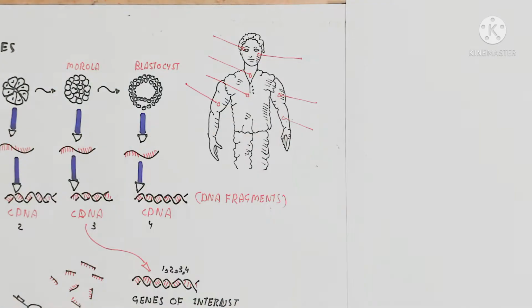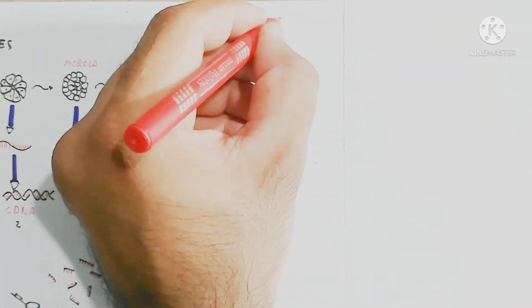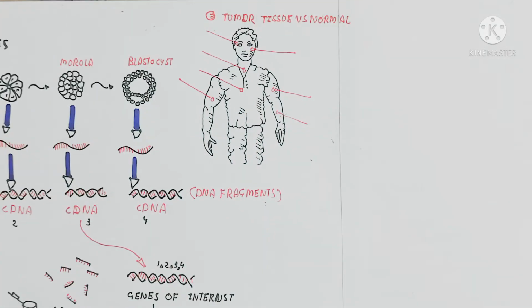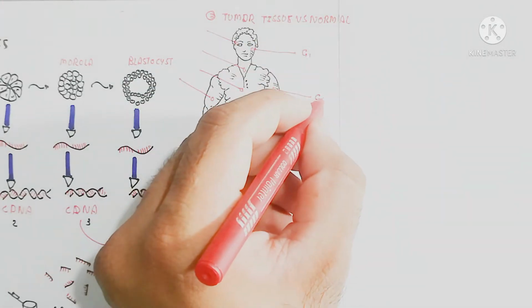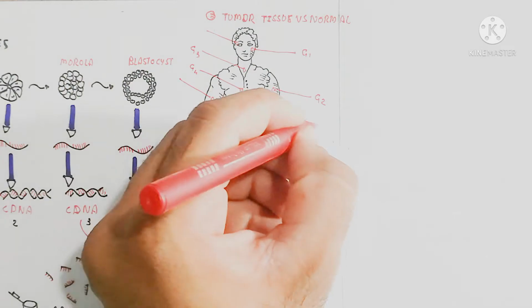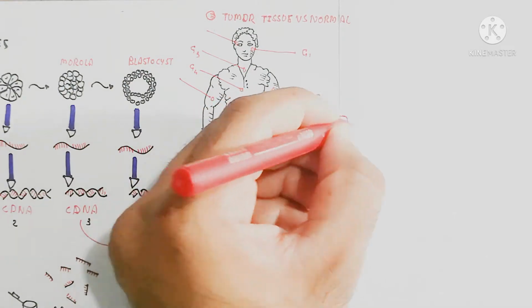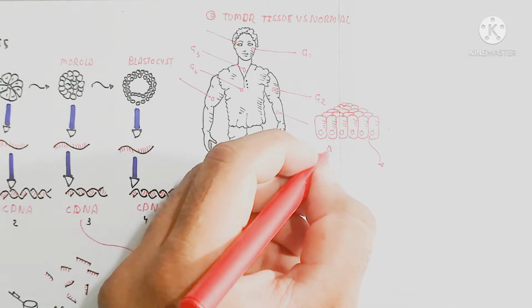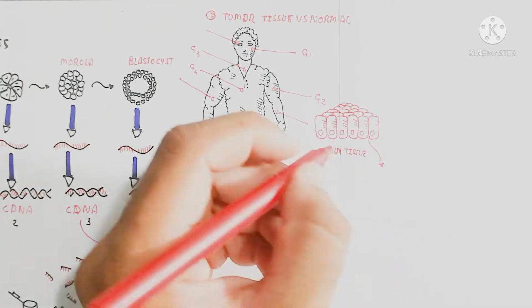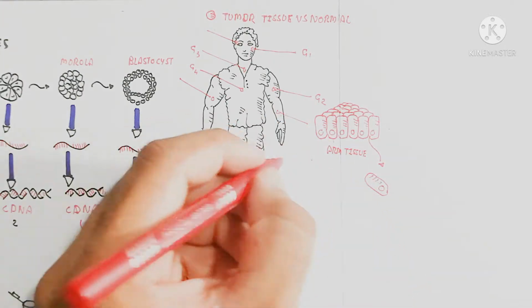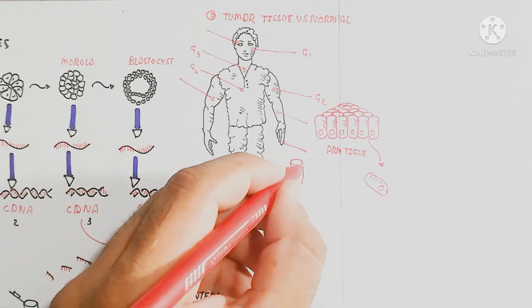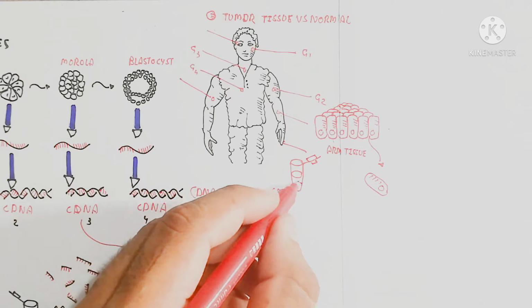So first of all we should understand the human. Let's begin to understand gene expression. Here is a person who contains different types of genes and different types of tissue on the basis of their region. So tumor tissue versus normal tissue.